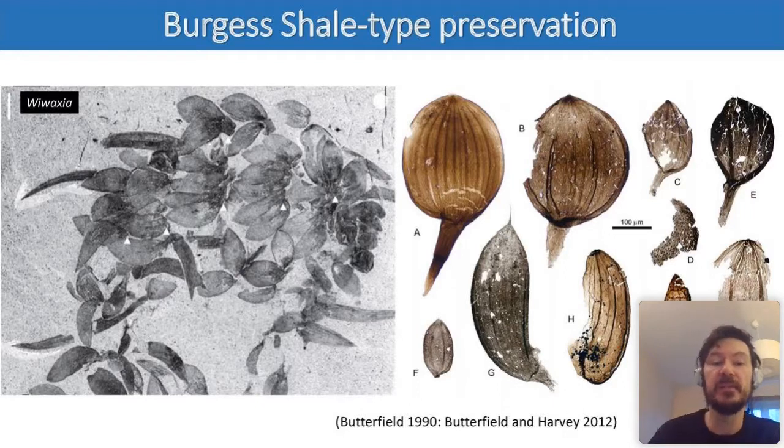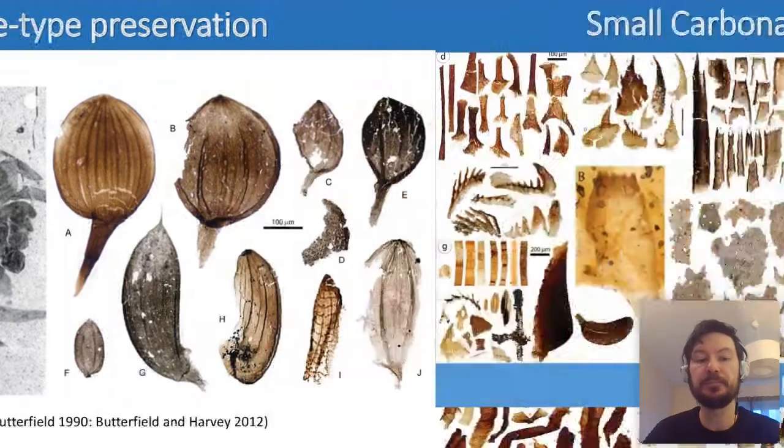Because fossils like this Wawaxia here are preserved as flattened carbonaceous compressions, it's possible to actually dissolve away the rock matrix using hydrofluoric acid and extract and sieve out the isolated organic debris and elements that are left behind. And this is interesting because it demonstrates that fragments like these might be preserved as dispersed elements outside the Lagerstätten sites, where you don't get these special conditions required to form the fully articulated macrofossils.